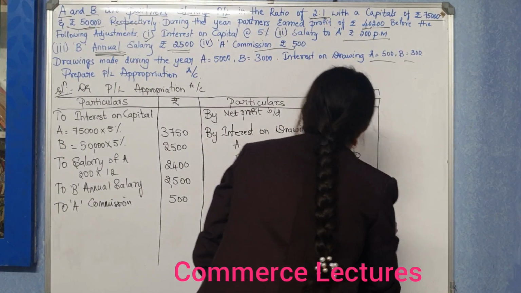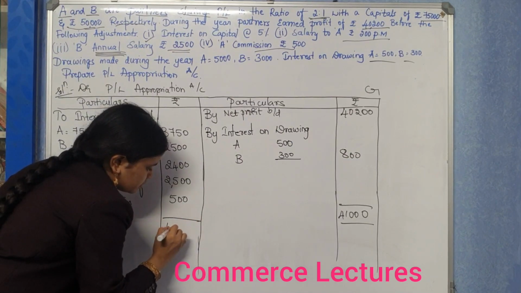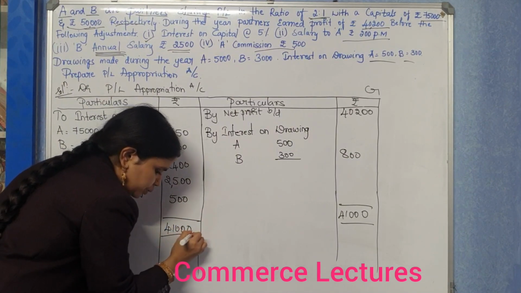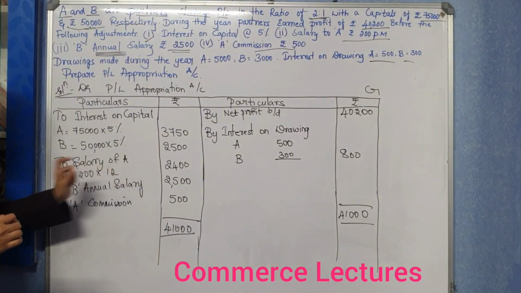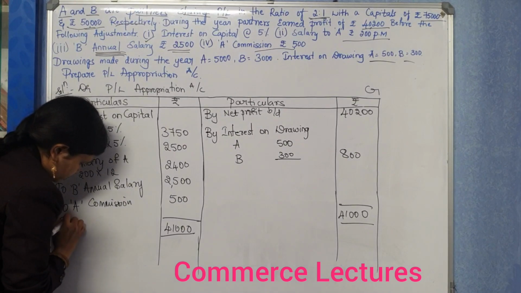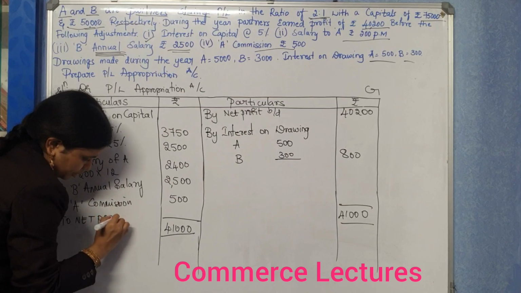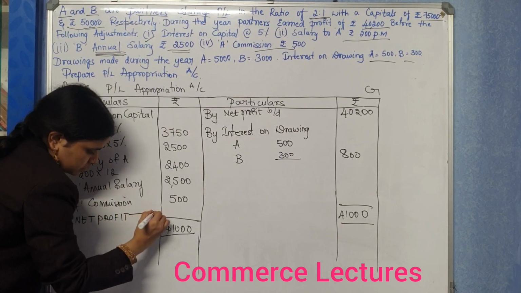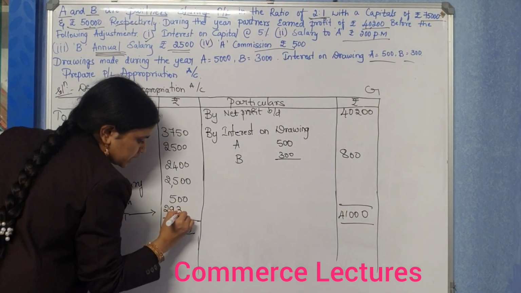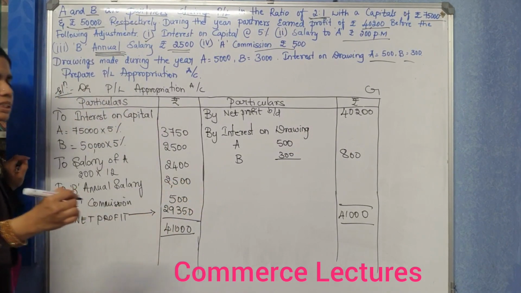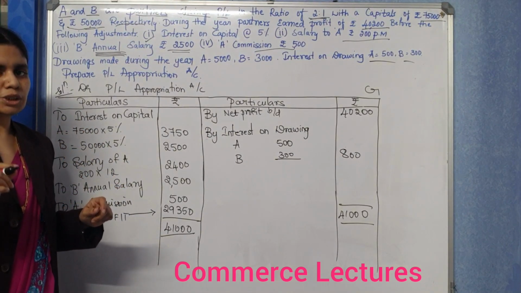This is the lesser amount. Now you can deduct all this from 41,000 to get net profit. So, how much will you get? 29,350. This is the net profit which we got out of the profit and loss appropriation account.